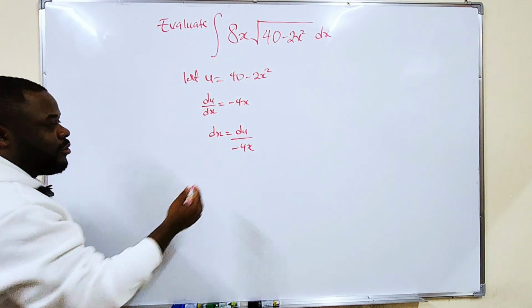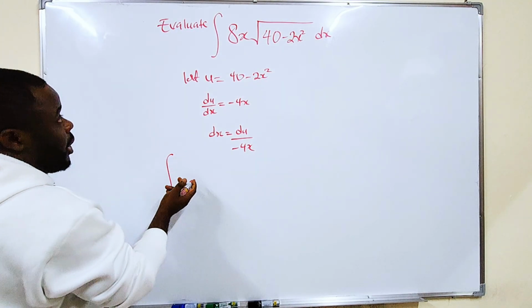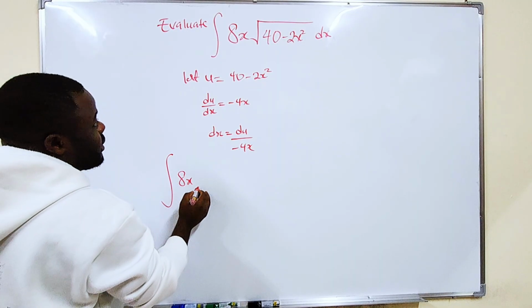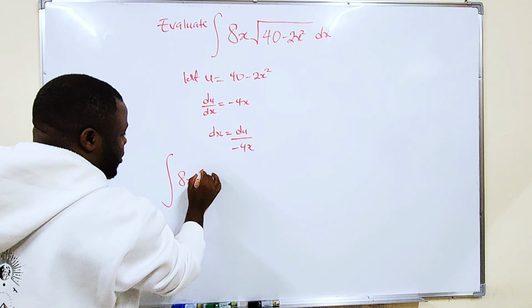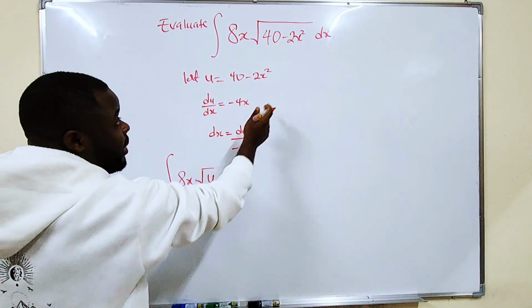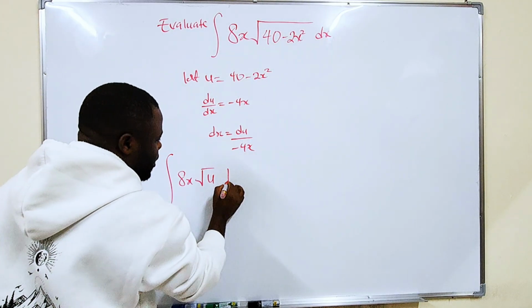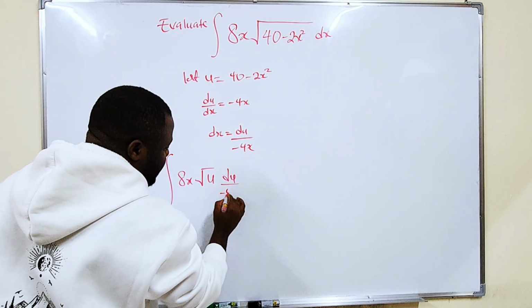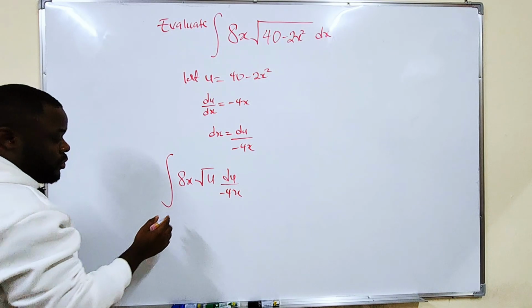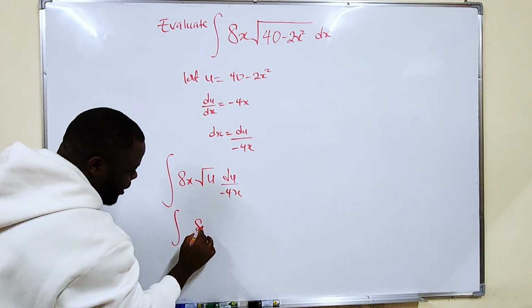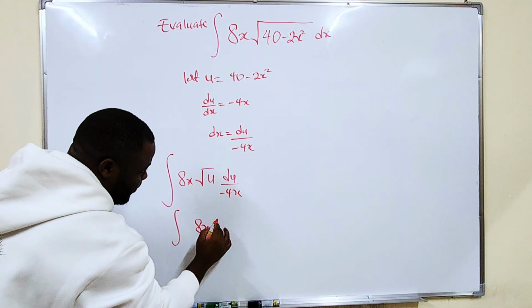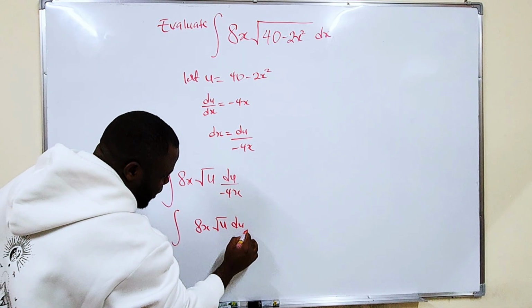The next thing we are going to do is write 8x times the square root of u times dx, which is now du over negative 4x. I want to write it again so that you understand what is happening here.